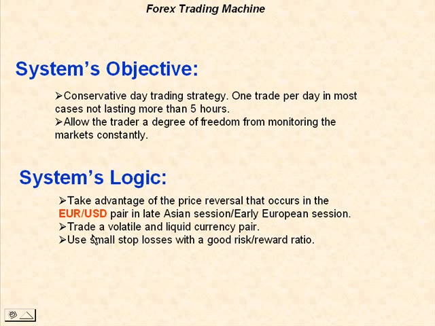The second point to look at in the system's logic is to trade a volatile and liquid currency pair. Again, I talked about this in the Forex Runner video. It is very important when you day trade and you're looking for small profit objectives and you use small stop losses to have a currency pair that will be volatile and liquid. Liquidity means narrow spreads.